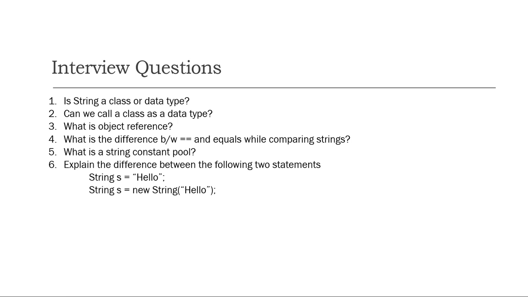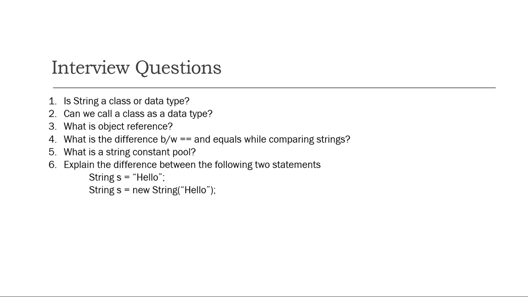And the next question is, what is the string constant pool? We have already seen what the string constant pool is. The string constant pool is a separate block of memory where the string objects are held by JVM. If a string object is created directly using the equal operator, for example s1 equal to hello, then it is stored in the string constant pool. And again, if we create another string object using the equal operator with the value hello only, JVM is going to search the string constant pool.